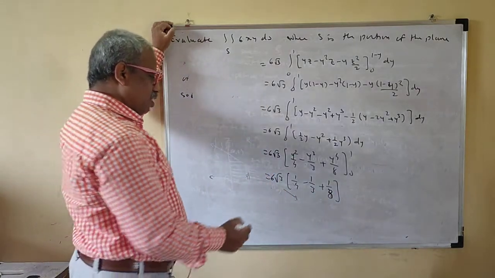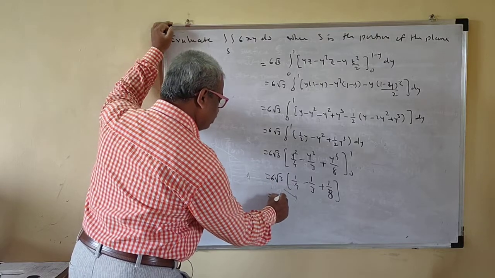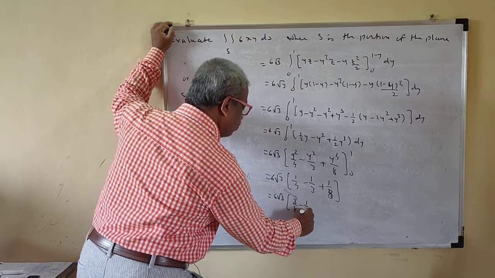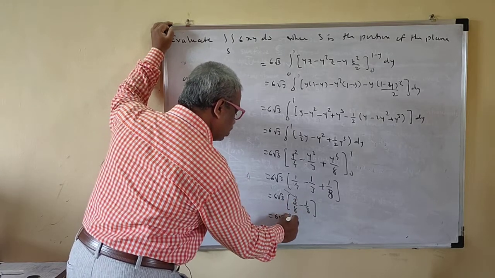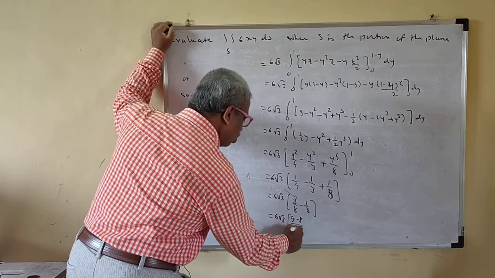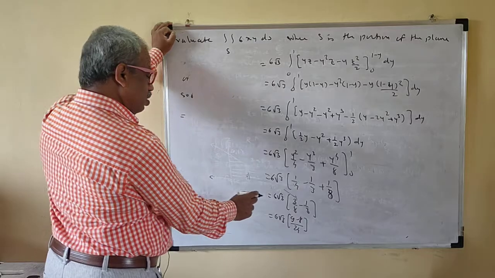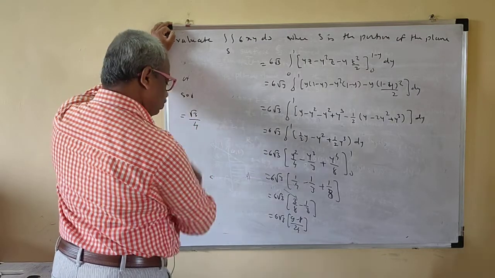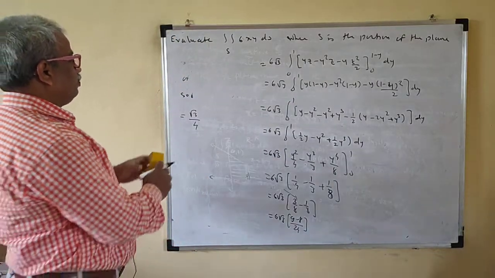So this is 1 by 4 plus 1 by 8, so this is 3 by 8. 3 by 8 minus 1 by 3, so this is 6 root 3 times 9 minus 8 over 24. So this is equal to root 3 by 4. Okay, so this is the answer.